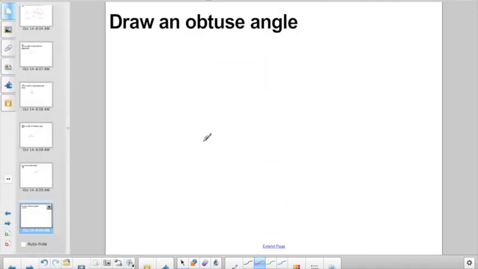Here they want us to draw an obtuse angle. Well, obtuse simply means that it's larger than 90 degrees, right? So I'll still go straight across horizontally. If I would have taken it straight up, that would have been my 90 degrees, correct? So obtuse is larger than 90 degrees.